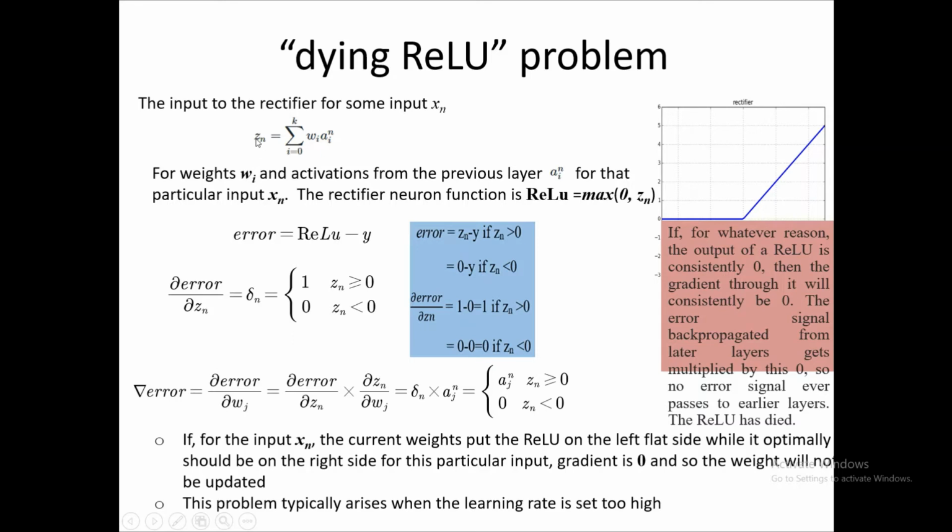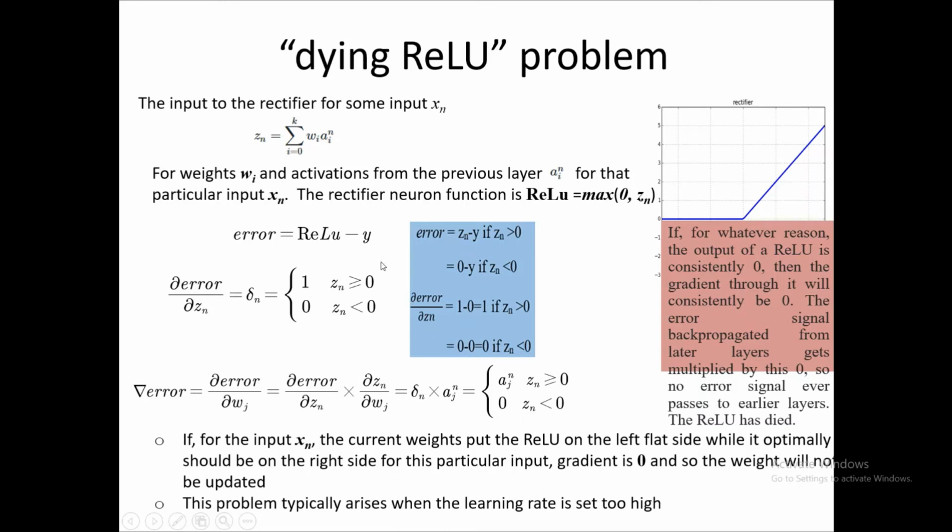This is nothing but the input to the rectifier, and it is based on the weight and the activation from the previous layer a_in for that particular input xn. The rectifier neuron function is, as we have just seen before, max of 0, Zn.